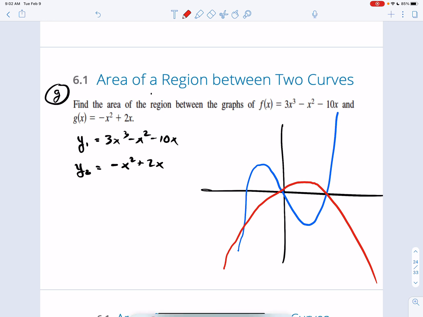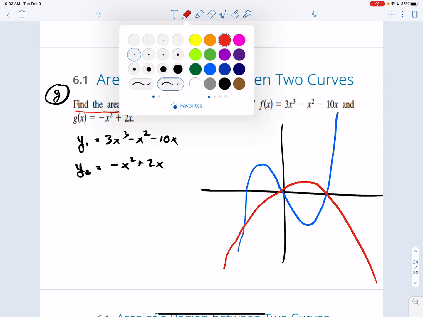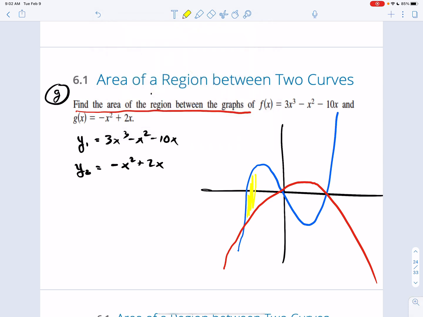Okay, find the area of the region between the graphs. But if you notice, there's actually 2 regions. We have this region, but then we also have this region. They're both enclosed, right? So how do you guys suppose we would do this?